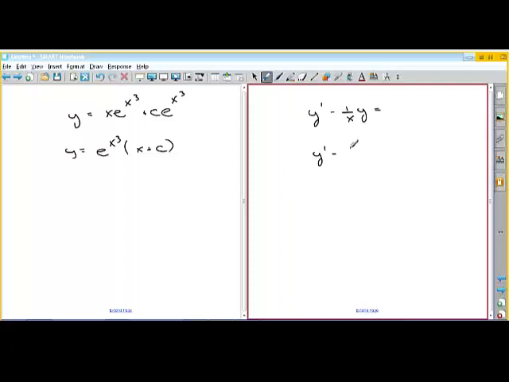Let's say you had 2 over x times y. You had y prime is positive 2 over x times y. All these different kinds of combinations. You could have y prime minus 1 over 2x times y. These all are essentially some constant times 1 over x.